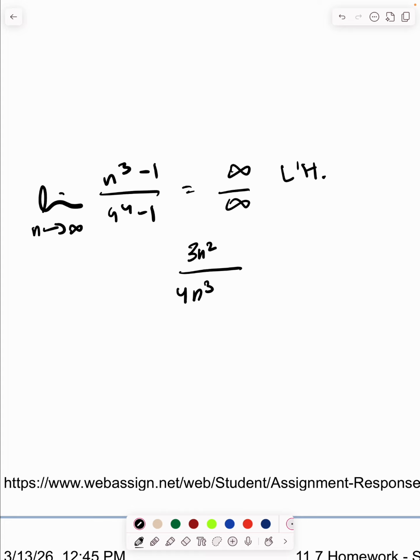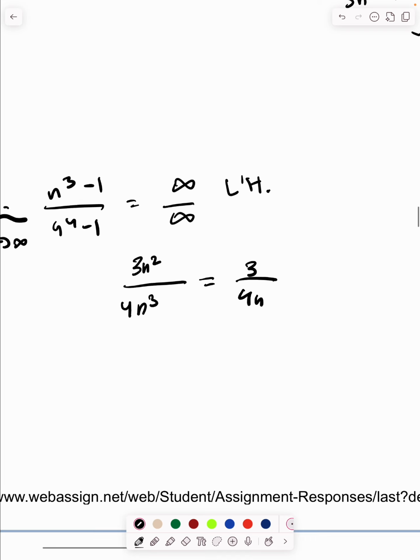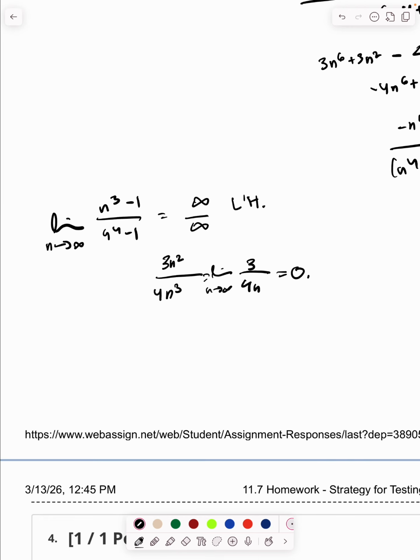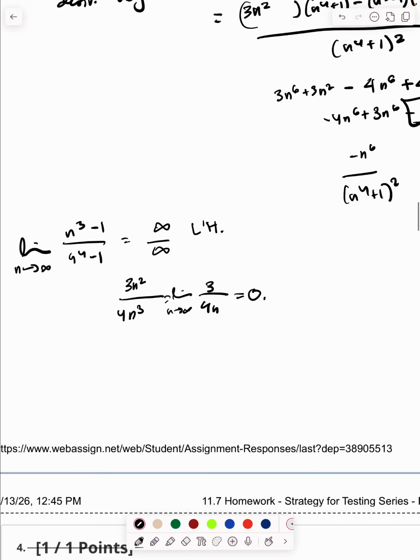The ones cancel out, and we can say this is equal to 3 over 4n. When I take the limit as n goes to infinity, I get 0, because the denominator will grow really fast to infinity, but the 3 will be very small in comparison. A very small number over a very large denominator goes to 0.